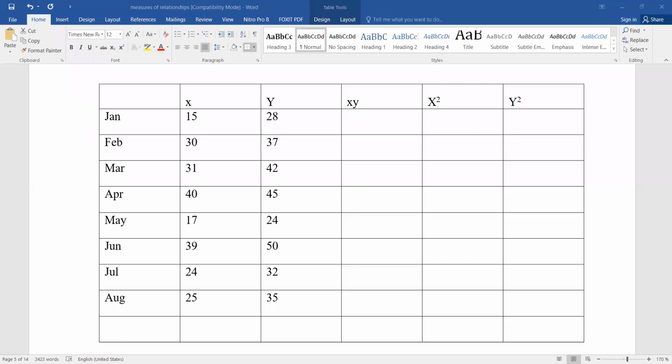So the first thing is to get the products. And what is the first product? Quickly, give me the first product of X and Y. Hey, don't sleep. $420, good. Next product.